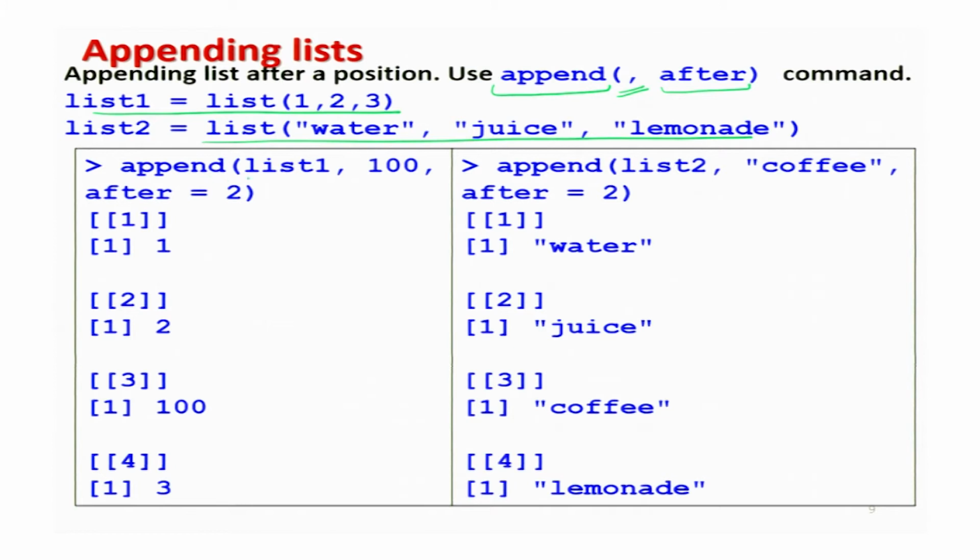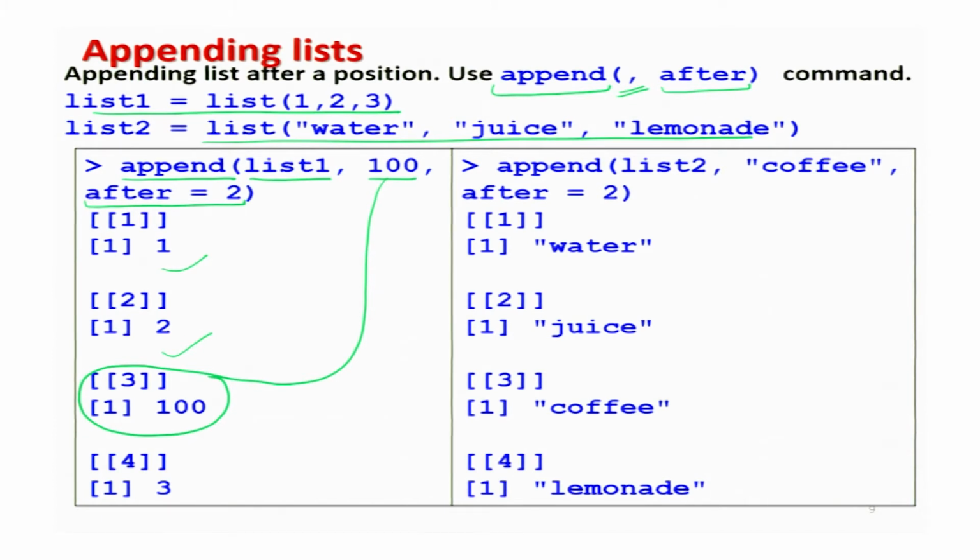So I write append, then list 1, then whatever I want to add, 100, and then I write after is equal to 2. Now you will see this 100 appear here, after 1 and after 2, at the third position.